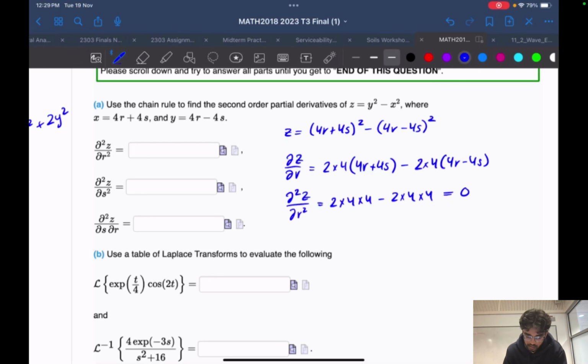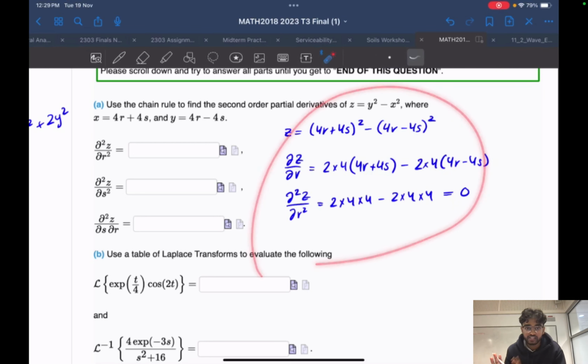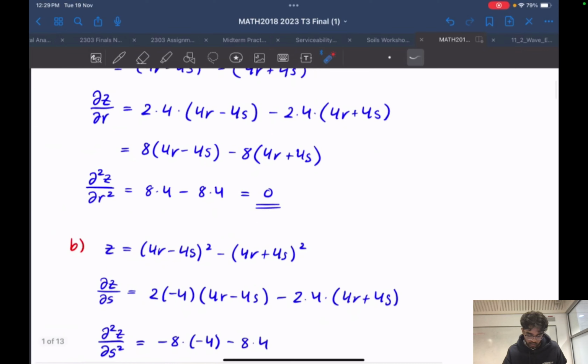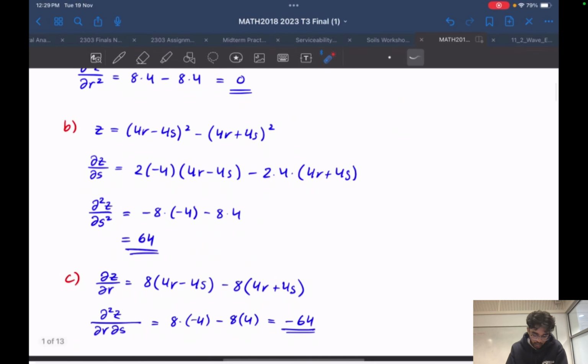Okay. Pretty simple. This is the same stuff from Math 1B. And so I won't bother going through these. I'll put up the solution here. I'll just quickly go through my solution. Differentiating z with respect to s, you can see there's a 4s as a coefficient of s, so we can just take that to the outside when we're differentiating it once.